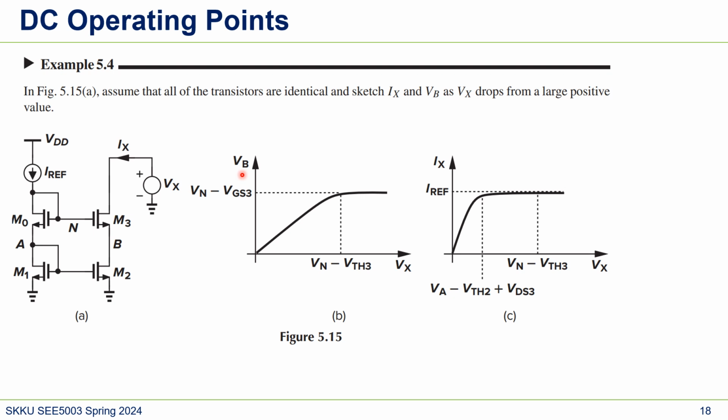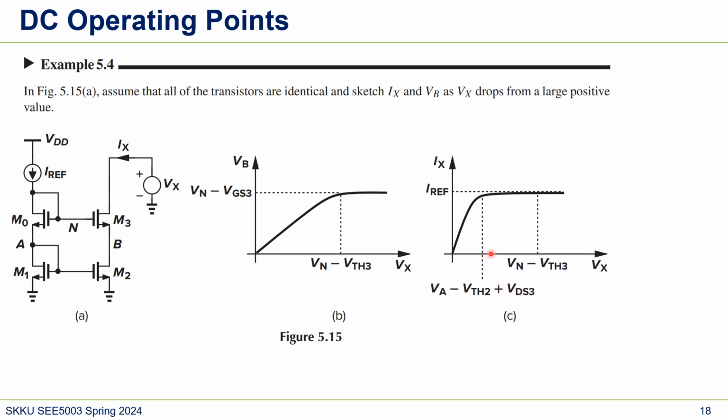They say VGS3, but which VGS3 are they talking about? I think they try to say VGS0, and also here VDS3. This VDS is a function of VX, so it's not too natural to put this VDS3 at this point.